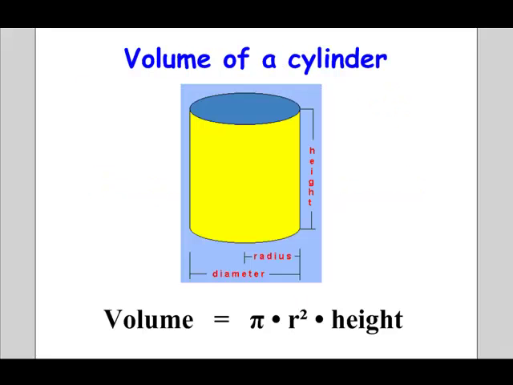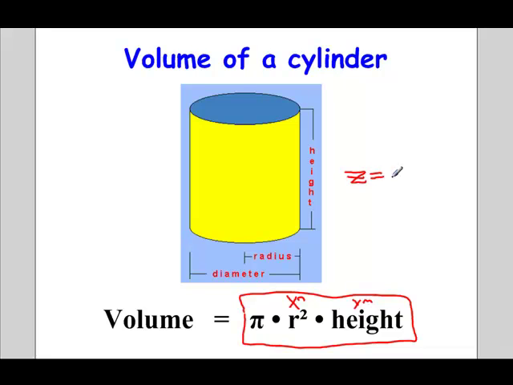Alright? Another example. Volume of a cylinder. The volume of the cylinder, the formula that we all know is pi r squared times the height. Well, here's your x to the n, and here's your y to the m. So we had, just going to go back, we had z equals constant times x to a power times y to a power.